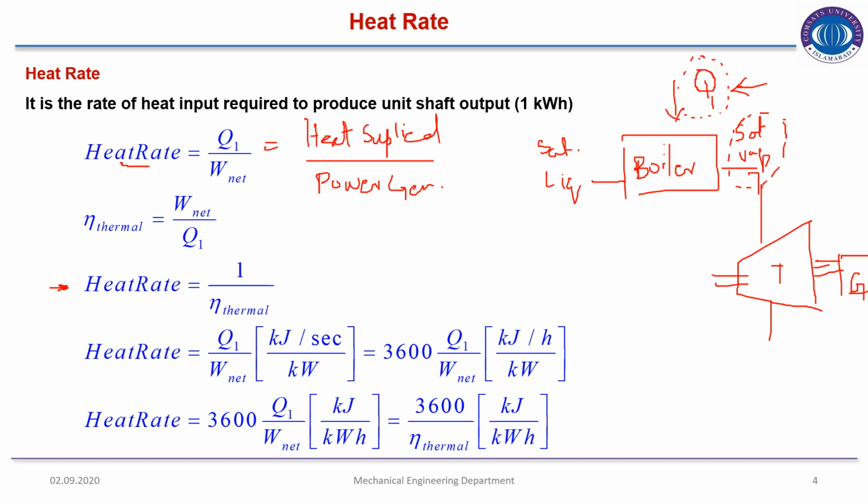Now if we talk about the units in which we supply heat into the system and the units in which we extract work from our system: we supply heat into the system in kilojoules per second, and we extract energy from the system in kilowatts.